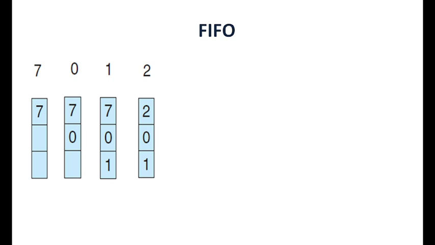Next, page 2 has been referenced, but because the frames are already full, we have to replace something. That replacement has happened with respect to 7, because out of the 3 pages currently present in the memory, 7 is the oldest one. It came before the remaining 2 pages, so it is chosen as a victim page, and 2 has been brought into that space.